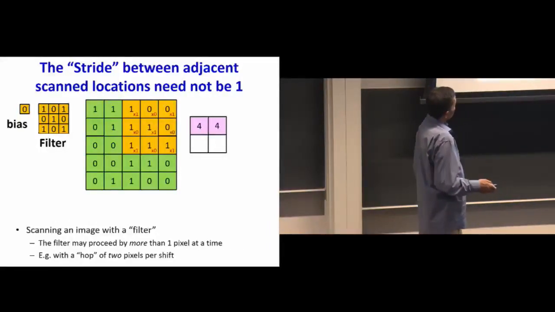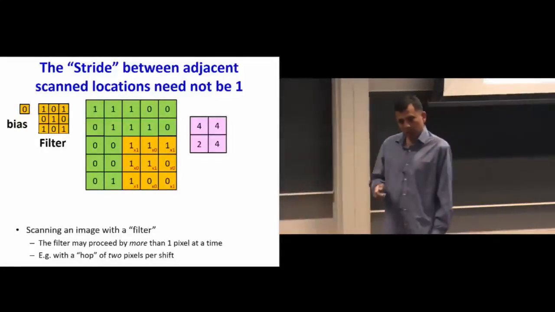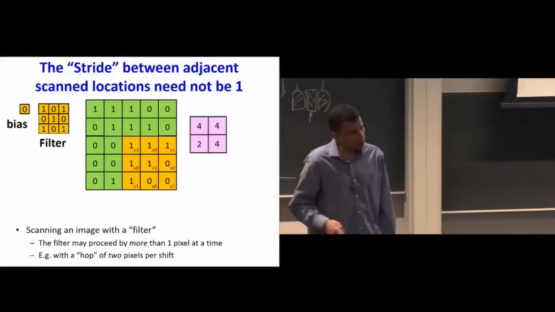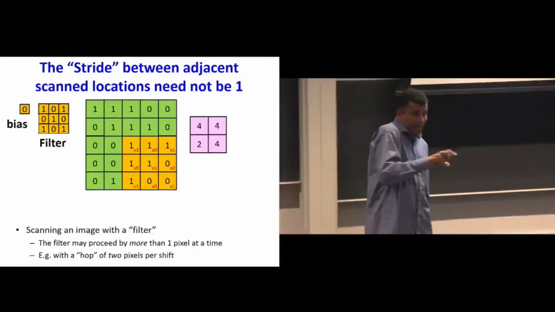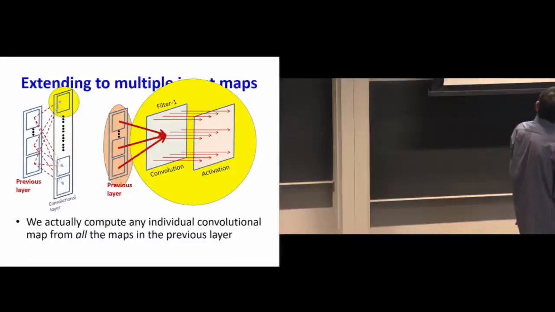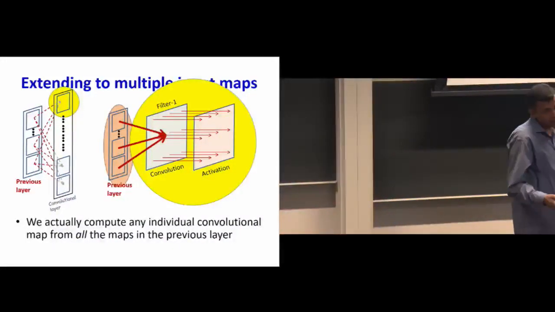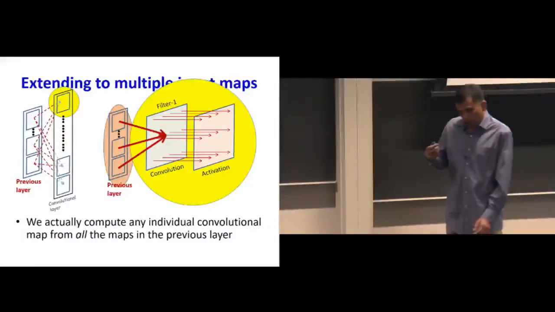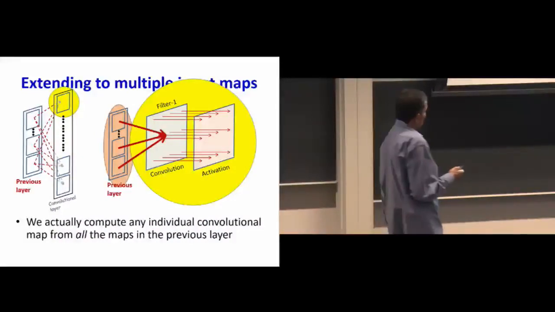You compute this, keep shifting left to right, and you compute the entire map of outputs when you perform the convolution. This is the scanning of the input with a filter. We're basically calling the perceptrons filters. Once done, that output is going to go through an activation, like a sigmoid or a ReLU. In modern convolutional neural networks, we actually use ReLUs.